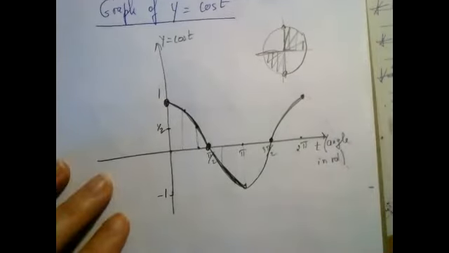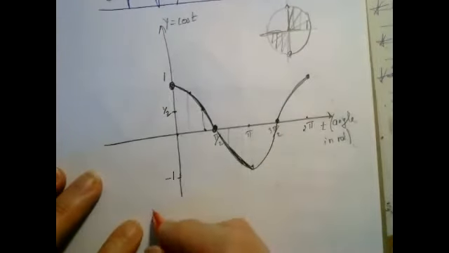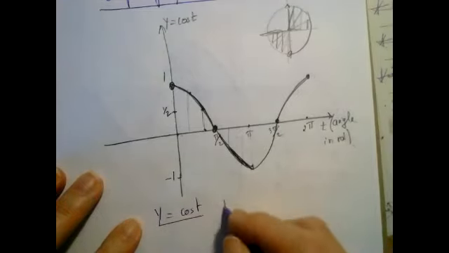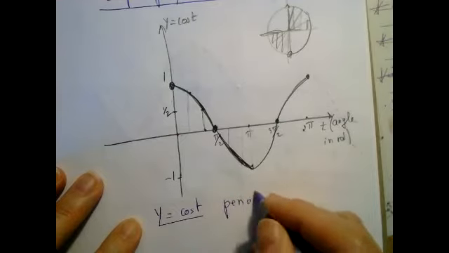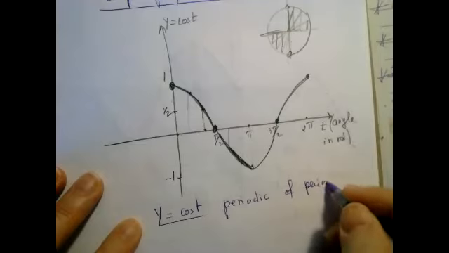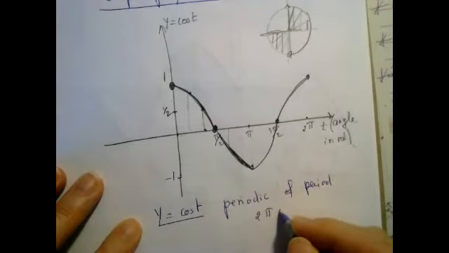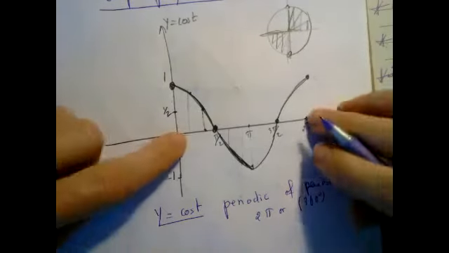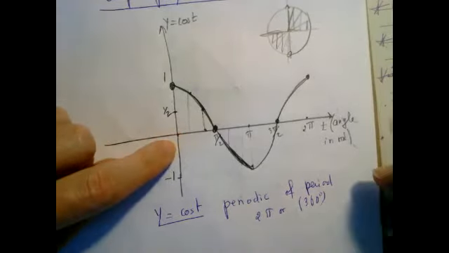So the cosine of t. First, it is periodic, which means the values repeat themselves every 2 pi, period 2 pi, or if you want, 360 degrees, which means every 360 degrees the angle will repeat itself.